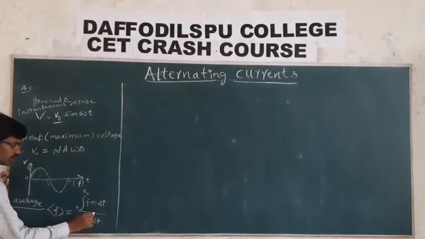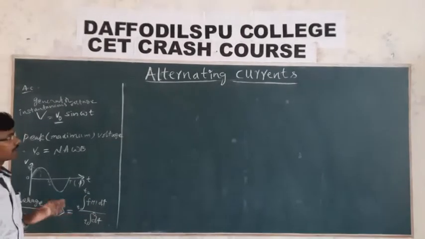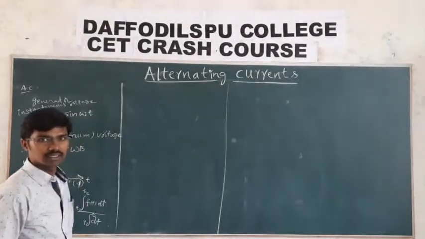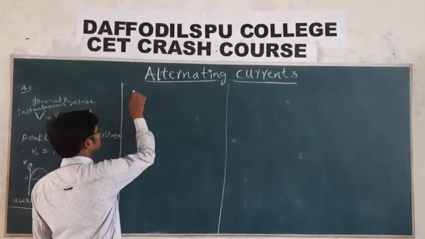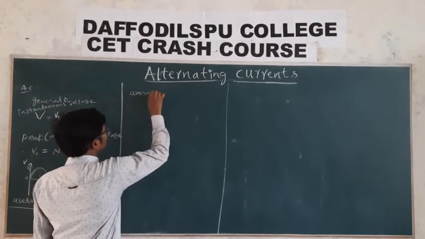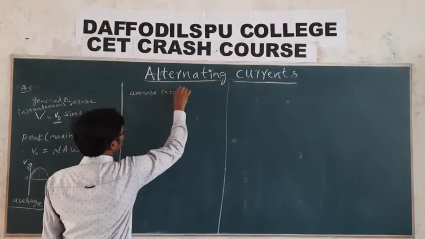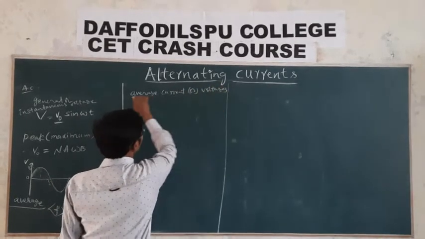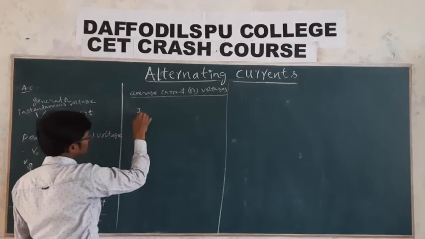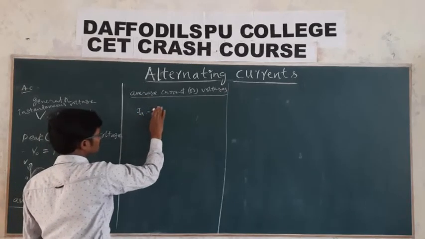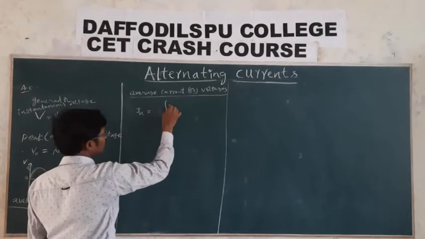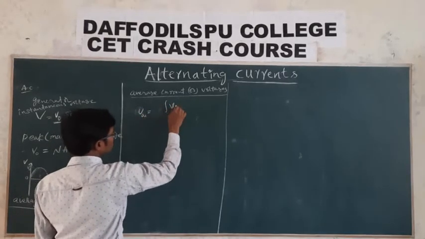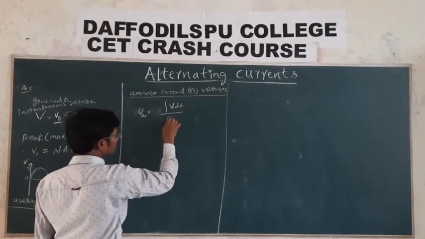Similarly, how do we get the average current or average voltage? I average or V average is equal to integral V dt by integral dt.